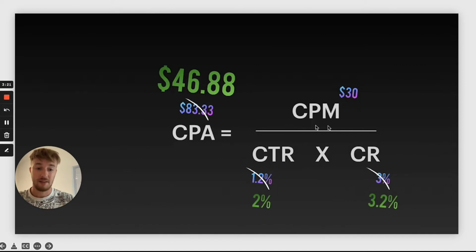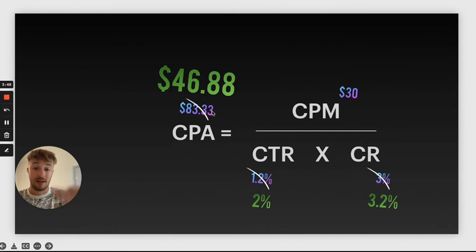Now it's a big difference, as you can see, just by working on the video ad itself and making sure that the click-through rate is much higher, at 2%, we almost halved the price we spent on our ads. You can see over here our cost per acquisition is $46, and before it was almost $84.